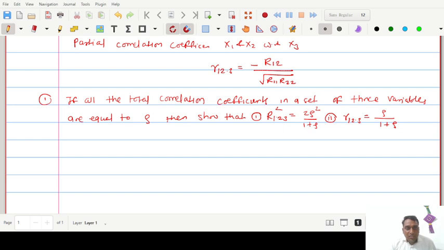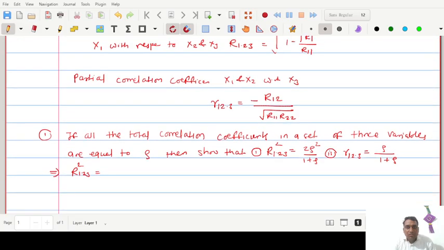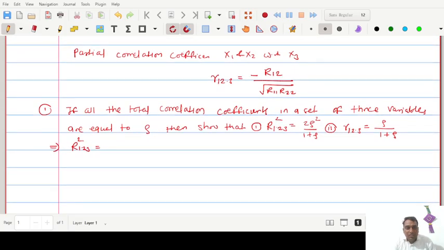So first we prove the first term. We know the formula for R1.23 square. The multiple correlation coefficient has the formula under root of 1 minus determinant of R divided by R11.